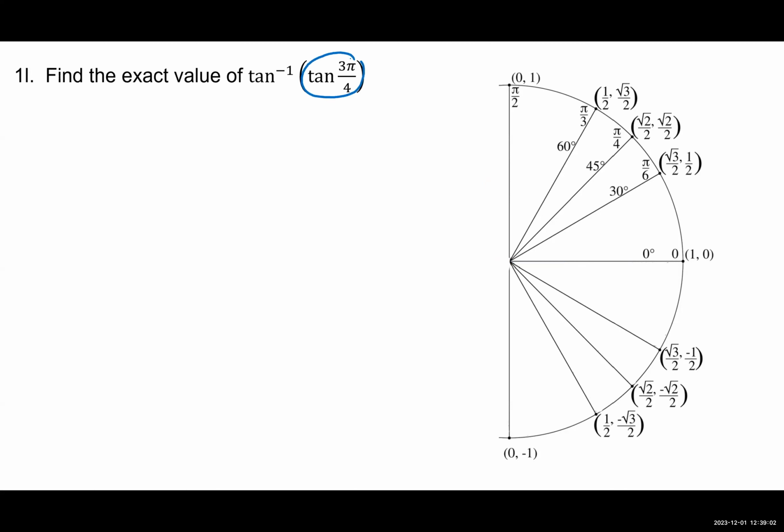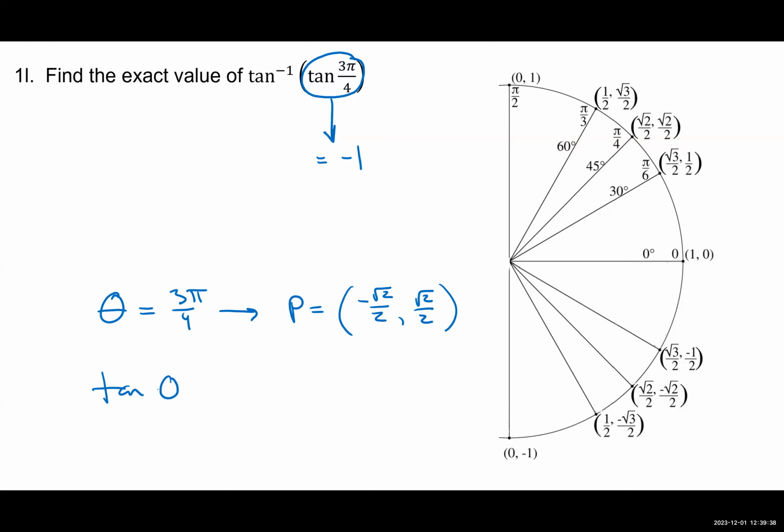So we start with this. What is the tangent of 3 pi over 4? Well, that's going to be negative 1. Right? When your angle is 3 pi over 4, your terminal point is negative root 2 over 2, comma, positive root 2 over 2. Tangent of theta is y over x.